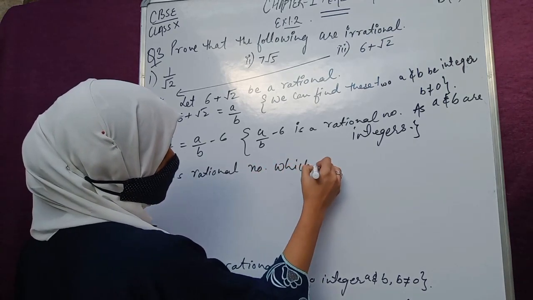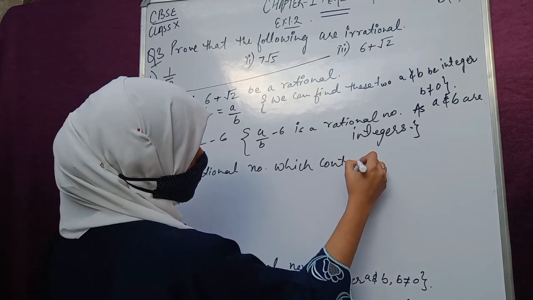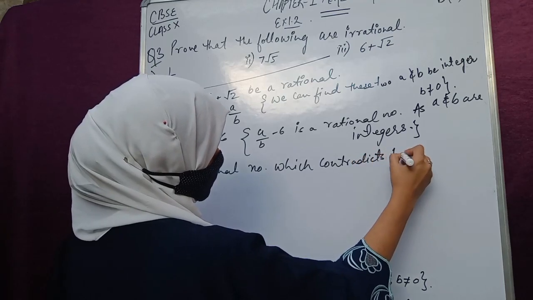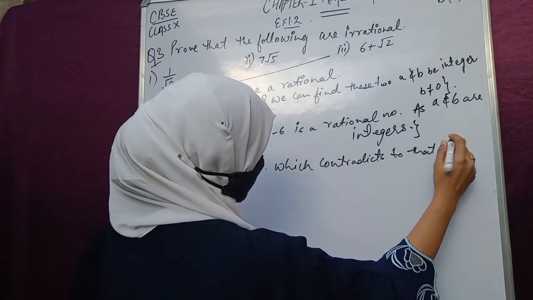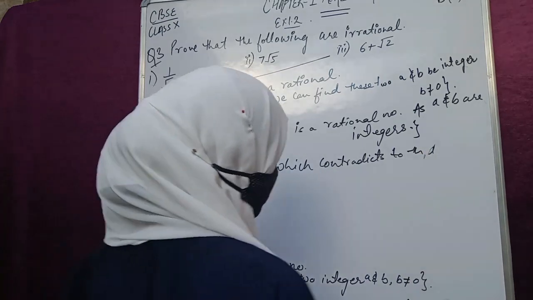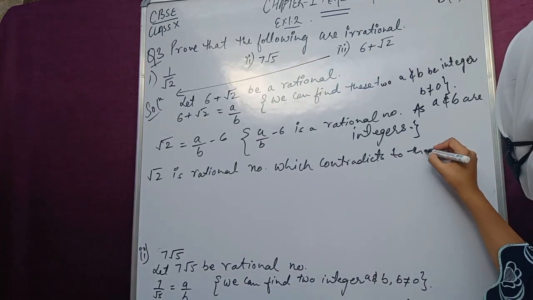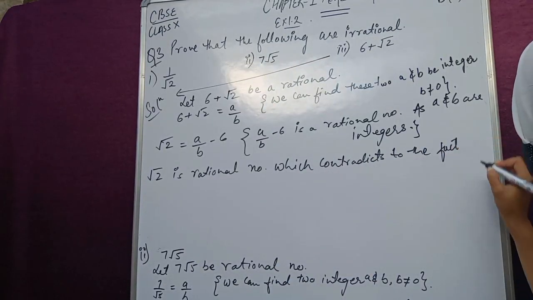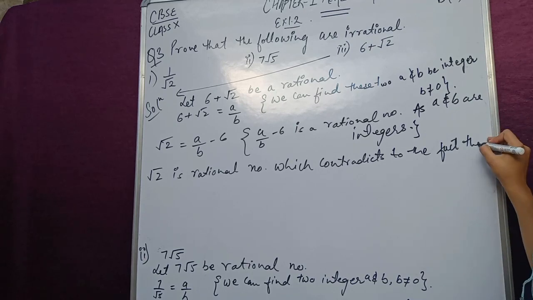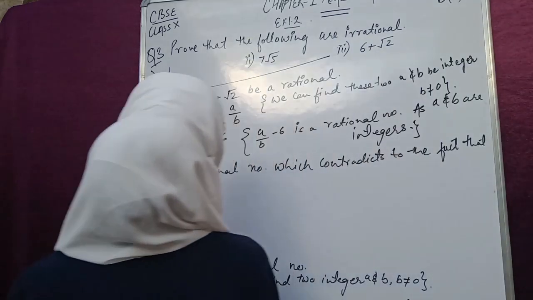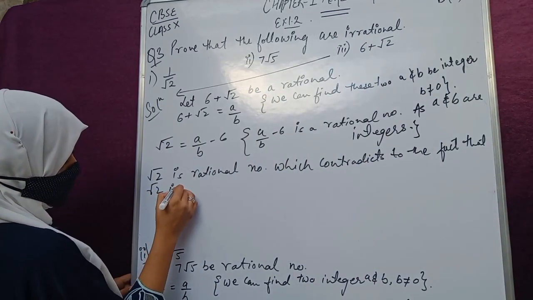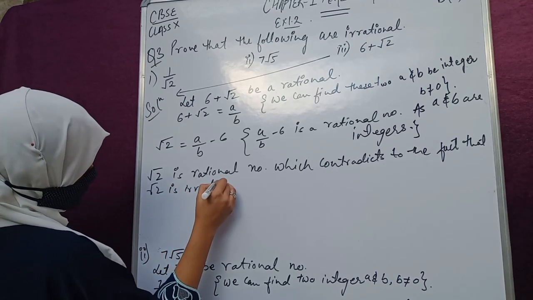which contradicts to the fact that square root 2 is irrational.